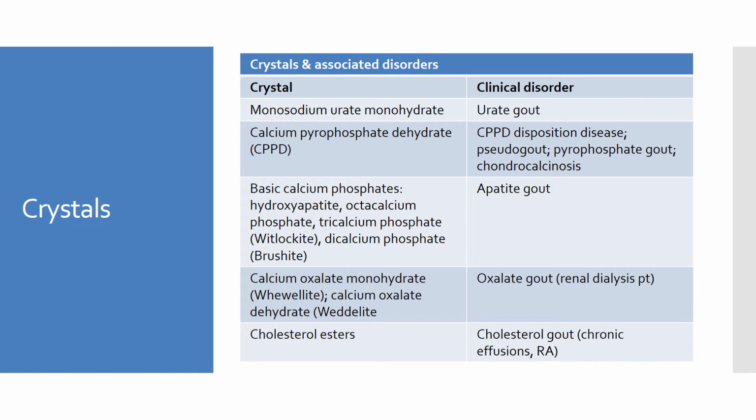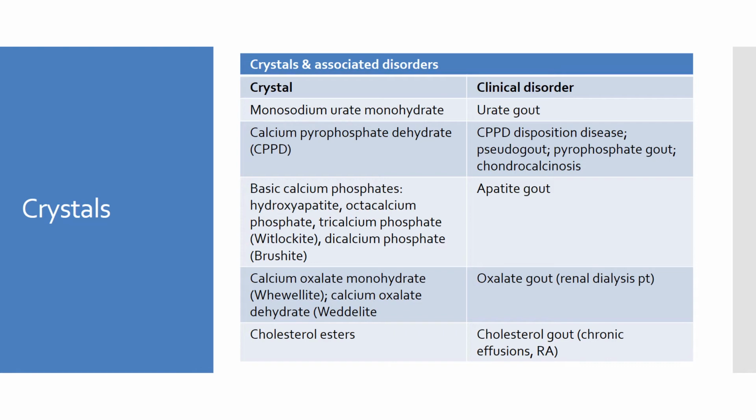The types of crystals that we would see and the disorders they're associated with: urate gout, or gout, which is a buildup of crystals in the joints. In particular, with gout, you're talking about the joint of the big toe. The crystal associated with that is monosodium urate monohydrate. Then we have pseudogout, where we see calcium pyrophosphate dihydrate, CPPD.